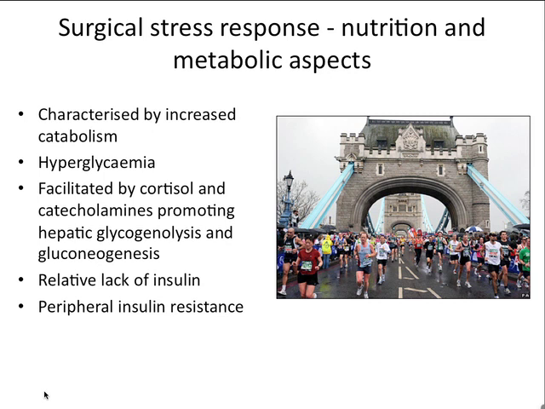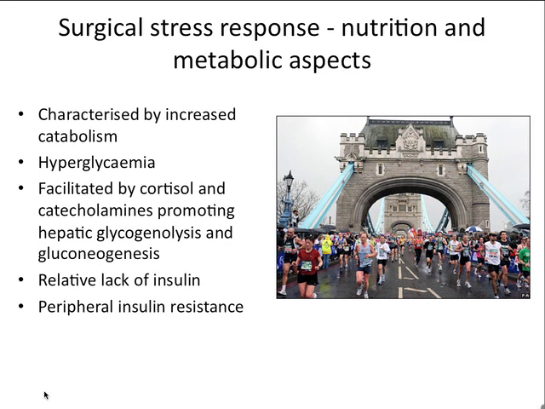Moving on to the stress response, particularly with relation to nutrition and metabolic aspects. Now, the surgical stress response, as everyone remembers, is characterized by an increase in catabolism. Substrates are diverted from their normal role, which is physical activity, to the immune response and also healing. It's characterized by hyperglycemia, and that's facilitated by cortisol and catecholamines promoting glycogenolysis and gluconeogenesis.